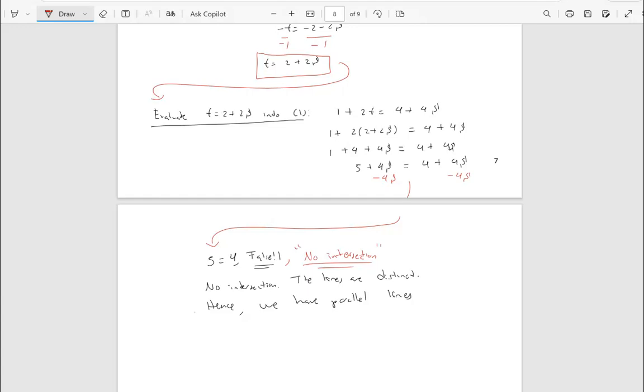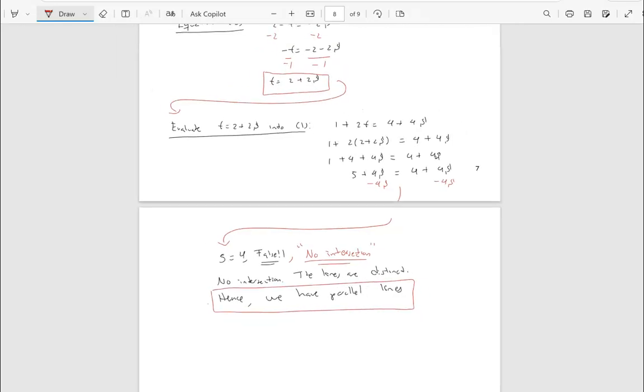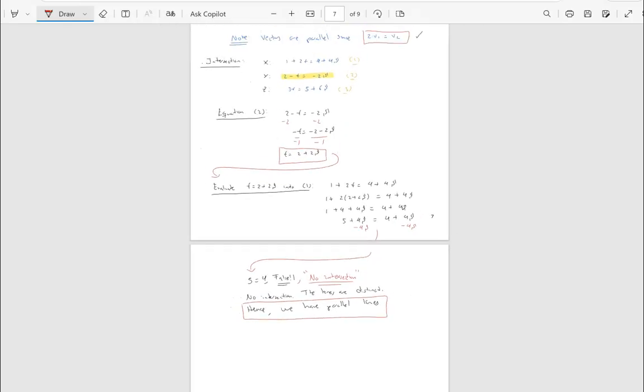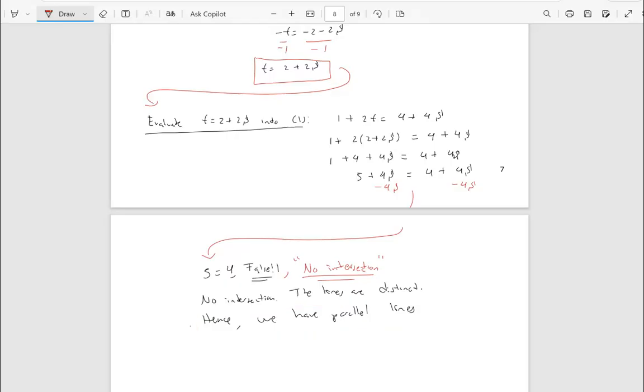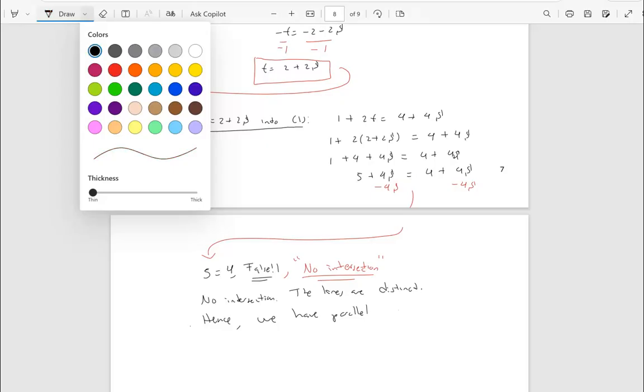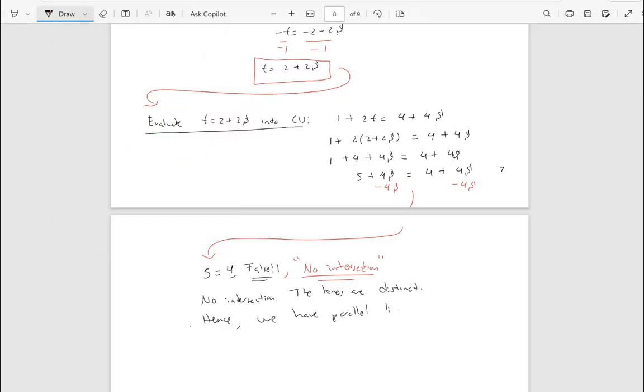Okay, so when you end up with a false statement, that's the indication that there's no intersection. And then you also have to check that you have parallel vectors. Let me just add to my last sentence. Hence, we have parallel lines, since we have parallel vectors and no intersection.